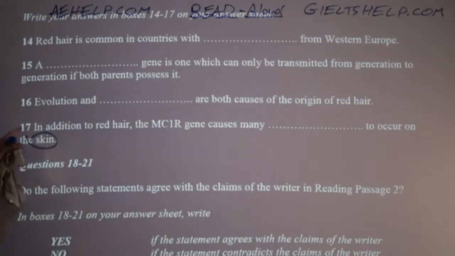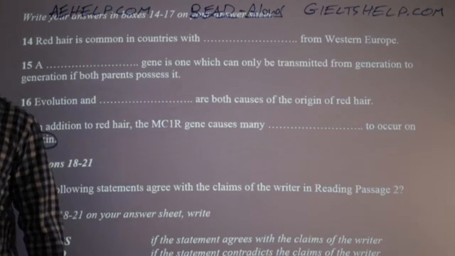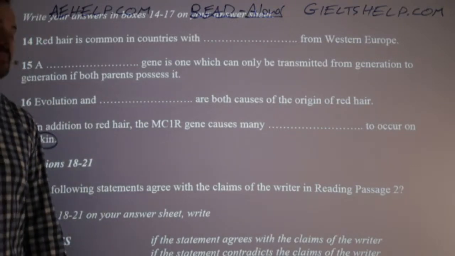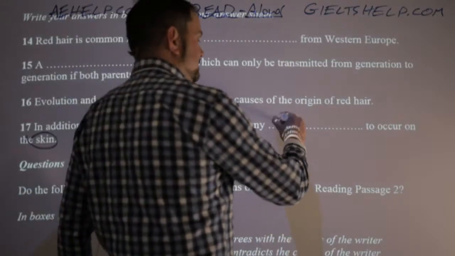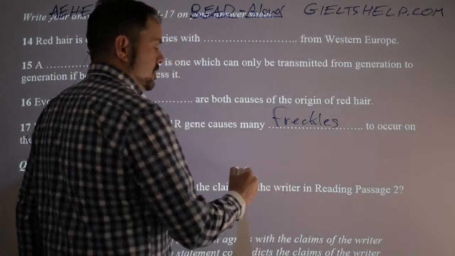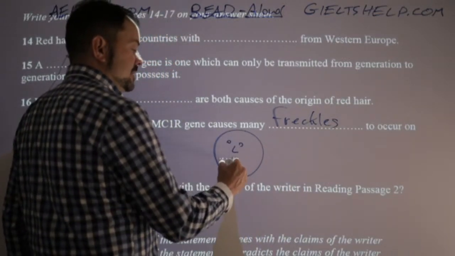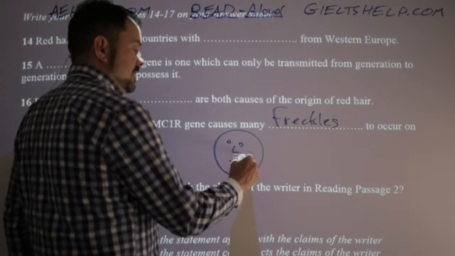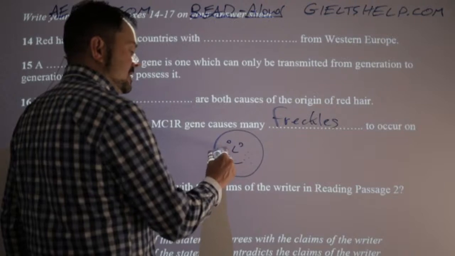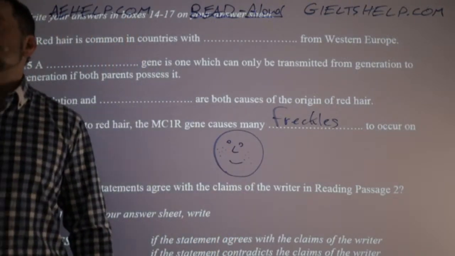So going back to number 17, in addition to the red hair, this MC1R gene causes many. Carolina says it's freckles. Yeah, freckles on the face means that you have those little dots. Those little speckles. If you think of the word speckles, freckles.